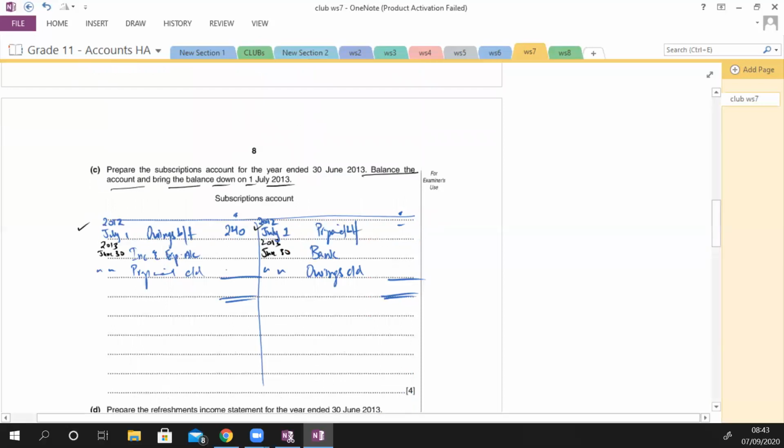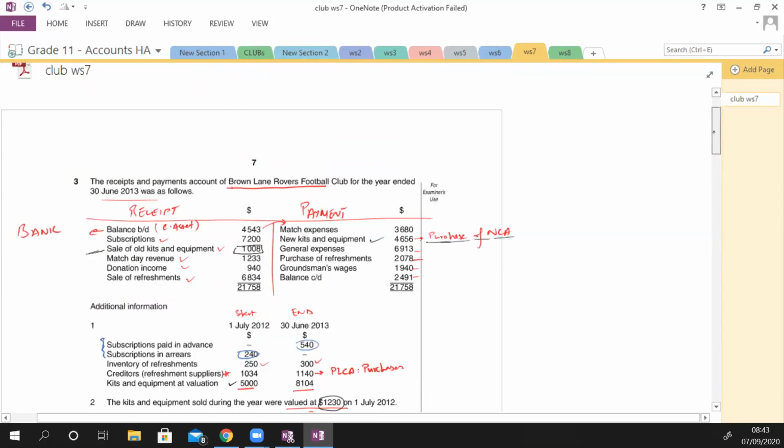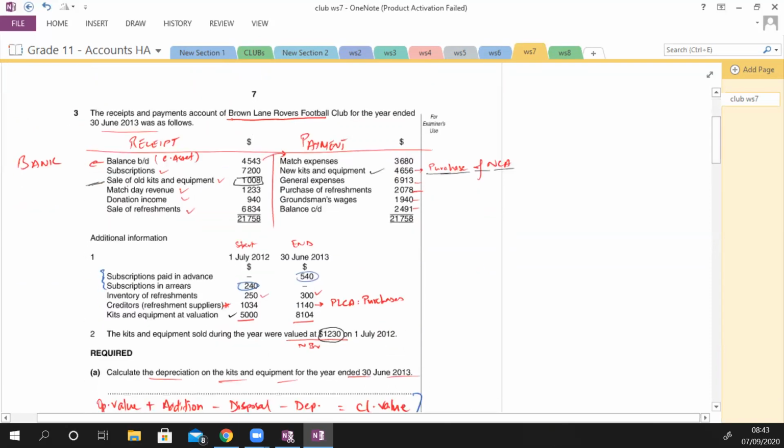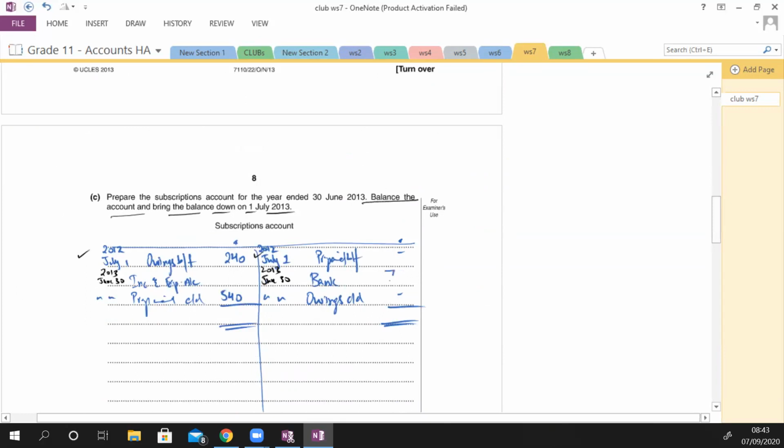So closing advance is 540 but no arrears. Opening arrears and closing advance were given over here. After this, during the year the subscription that you received is 7,200. 7,200 is the amount from the receipt and payment account.